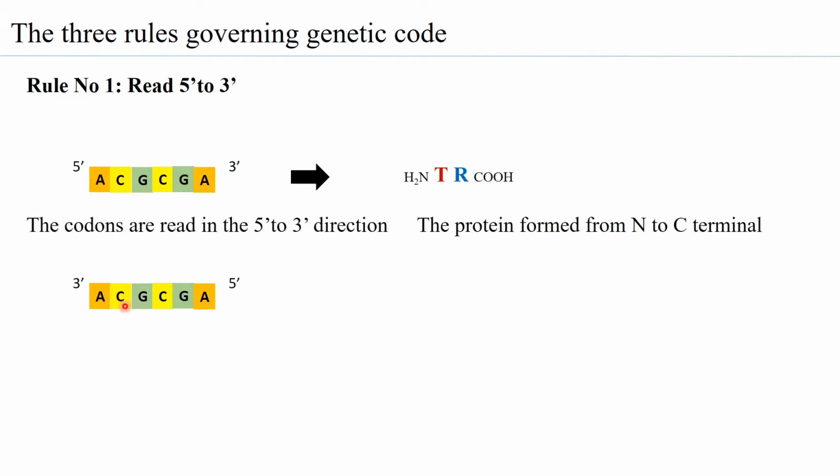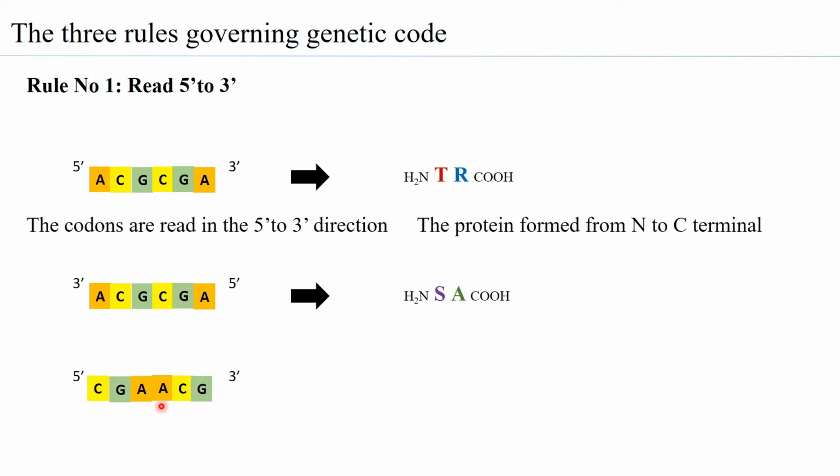So you have ACG with CGA, but you have made this hexanucleotide 3' over here and 5' over here, which means that this is going to be read in this direction. So the dipeptide formed is now different, because the codons read from here could be coding for a different amino acid.